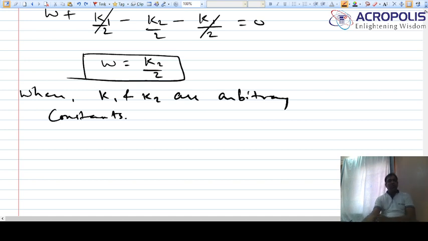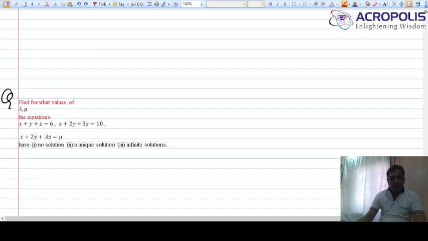As k1, k2 change, the values of w, x, y and z also change, and by this we will find the non-trivial solution. I hope this is clear to everyone. Now we'll look at another question here. Find for what values of lambda and mu the given system of equations will have no solution, will have a unique solution, and will have an infinite number of solutions.